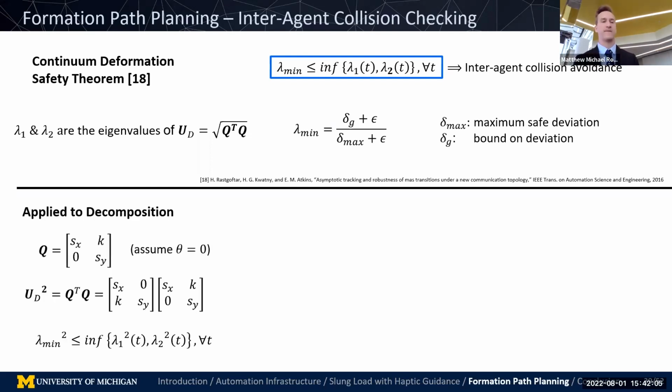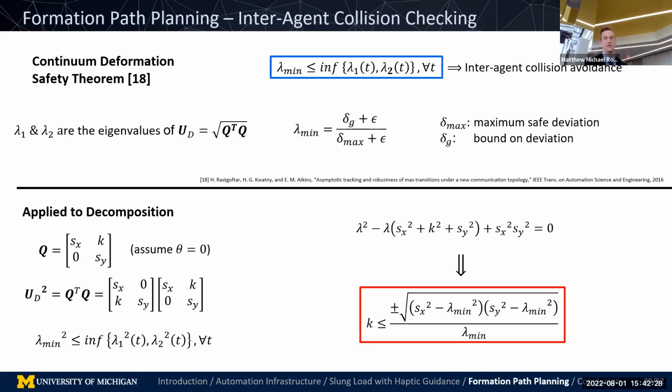Next, we can apply this to our decomposition of this deformation matrix. Because the rotation is only going to change the direction of the eigenvectors, and it won't change the eigenvalue magnitudes, we can assume it'll be 0 for now. Then we can compute UD squared, and the eigenvalues of UD squared will be compared against lambda min squared, such that we can do eigenvalue decomposition or calculate them and get an inequality in our state space variables.